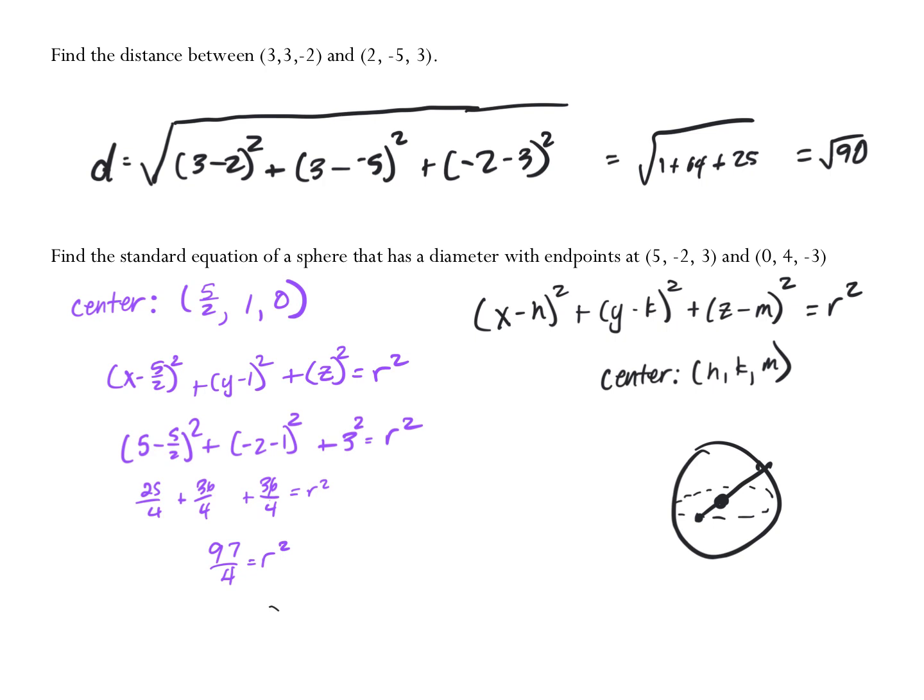So that makes my final equation of the sphere x minus 5/2 squared plus y minus 1 squared plus z squared equals 97/4. Feeling good so far about 3D space?